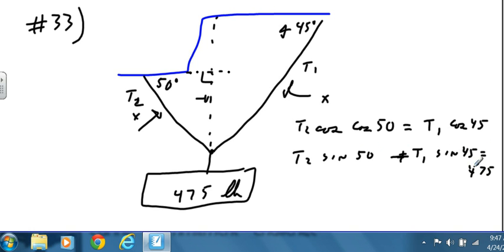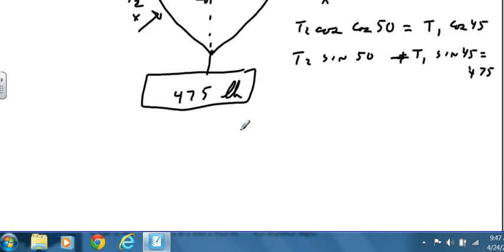Okay, so now I have two equations, two unknowns, and I'm ready to solve them. How come I wrote down cosine twice there? Anybody know? All right, so I've got the cosine of 50. So I've got 0.642 T2 minus, and then I need the cosine of 45.